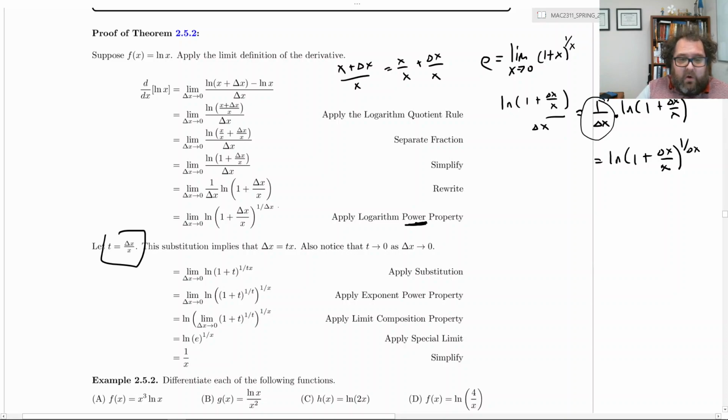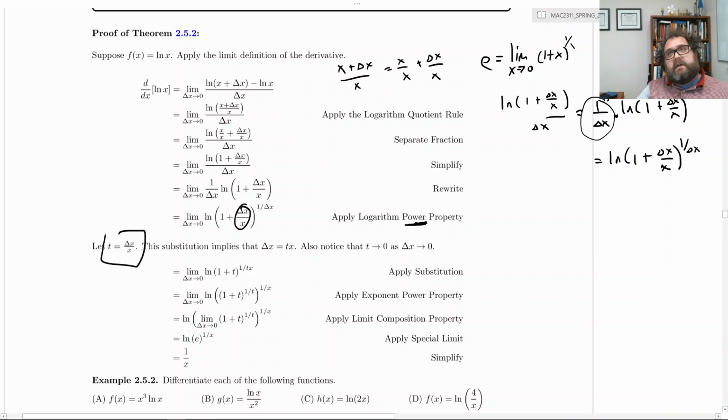So right now, I have an exponent of 1 over delta x, and I have this x plus delta x over x. I just want a regular old variable there. In fact, I want t there. So I'm going to let this equal t. That way I'll just get a plain old t there, which is kind of what I want. Again, the variable t versus x does not matter. Okay, so I apply this substitution.